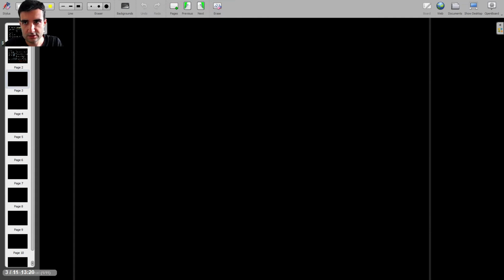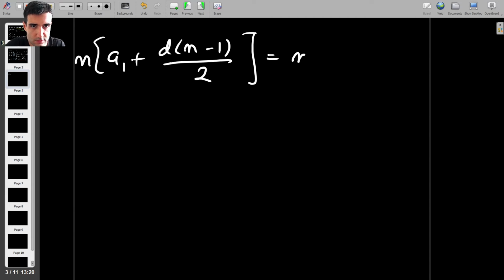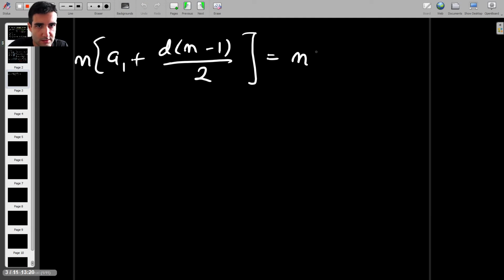So we have n multiplied by a1 plus d times n minus 1 over 2, and this equals n squared plus 2n. But I'm going to factorize this as n times n plus 2.